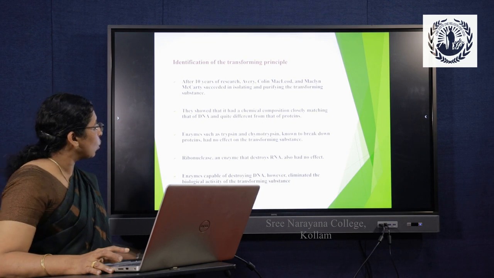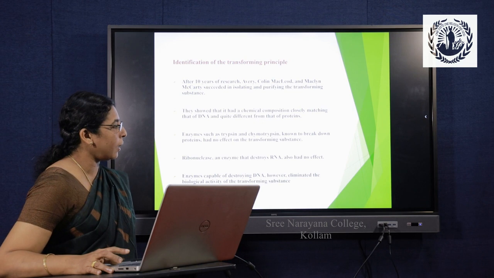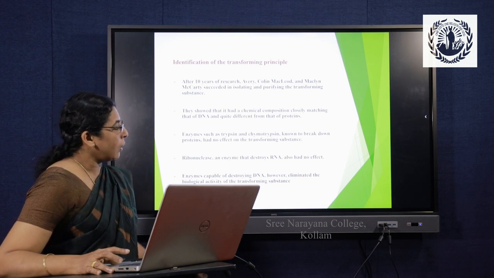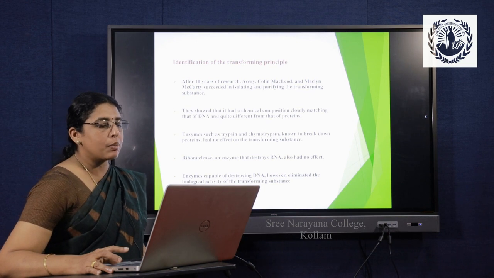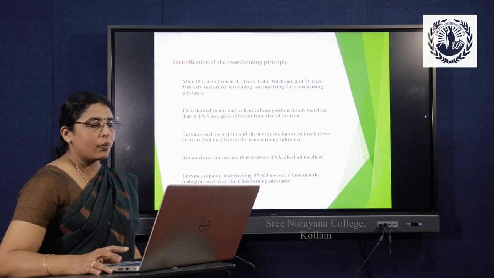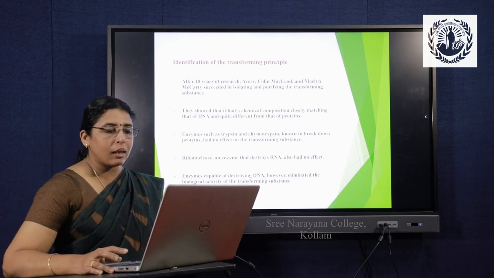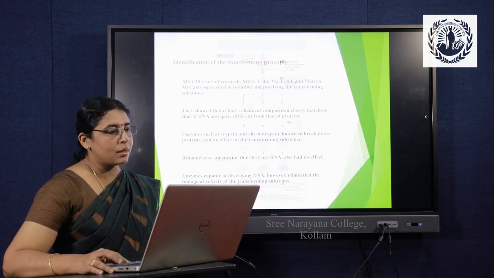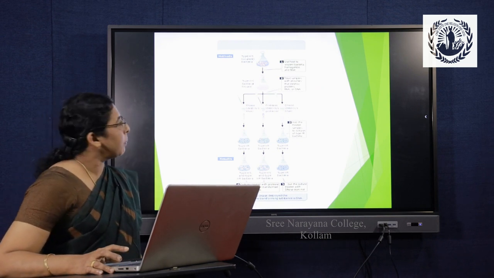When they used ribonuclease, the enzyme that destroys RNA, it had no effect. But when they used enzymes capable of destroying DNA, they eliminated the biological activity of the transforming substance.